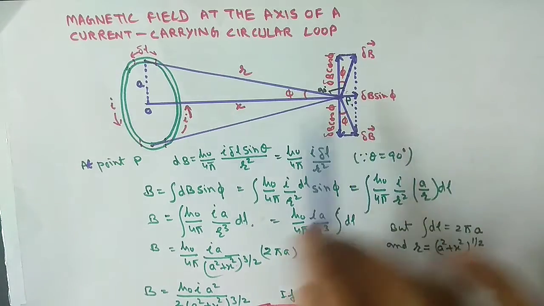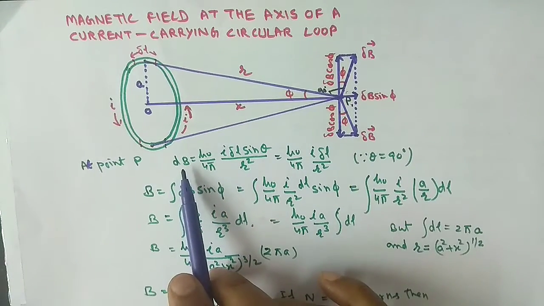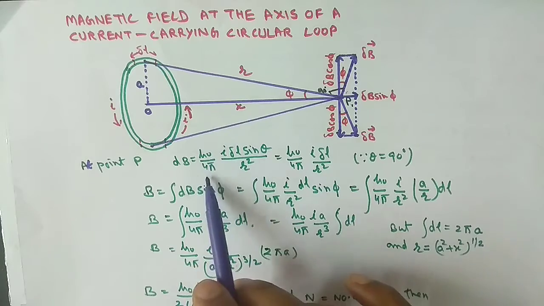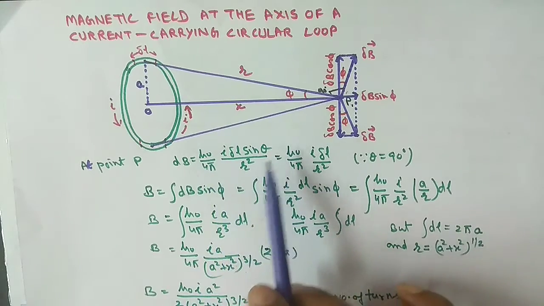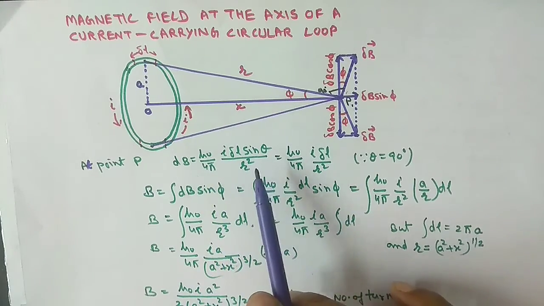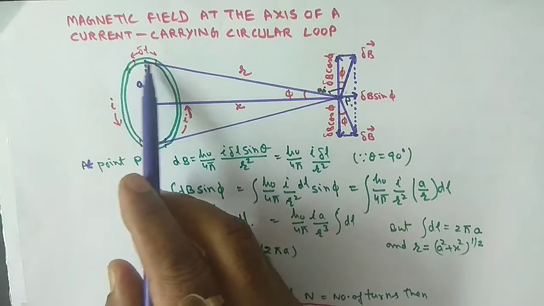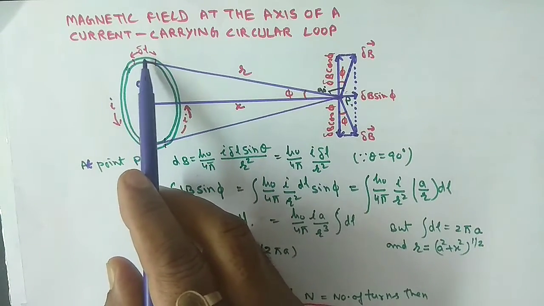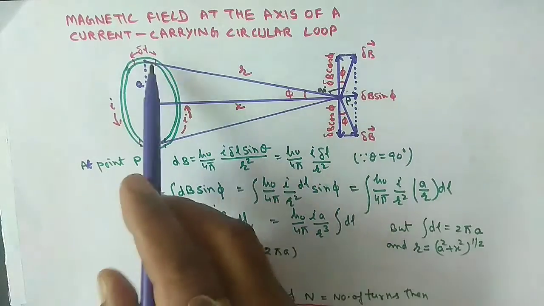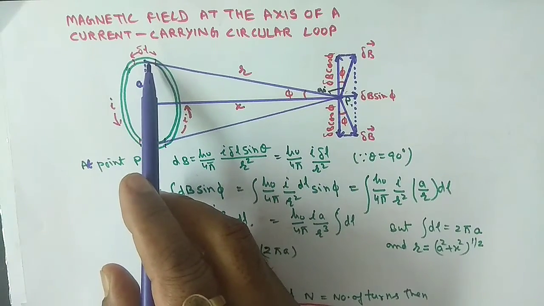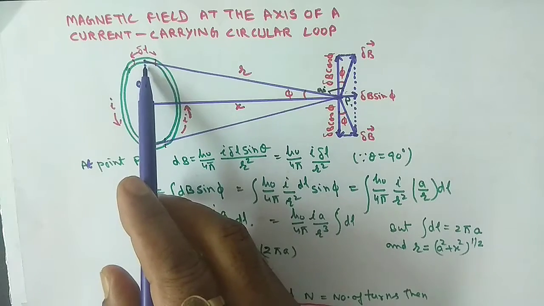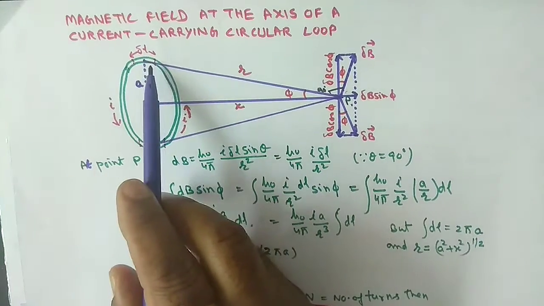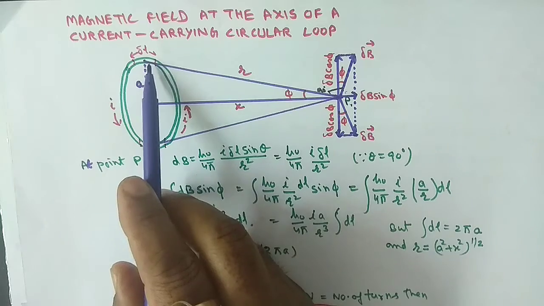if we apply the Biot-Savart's law, we know the formula, dB is equal to mu naught upon 4 pi I dL sine theta upon r square. Since the angle from this circular path is always 90 degree, practically, approximately, we consider 90 degree.